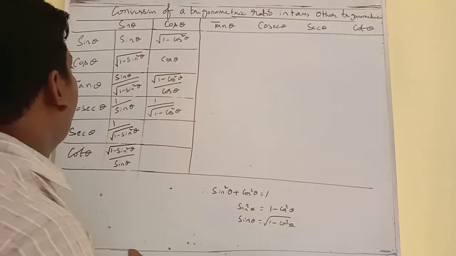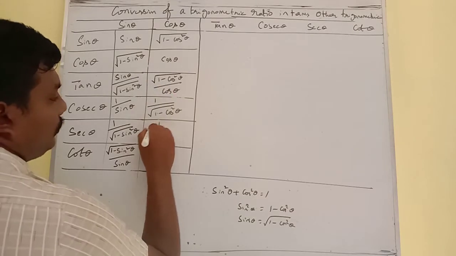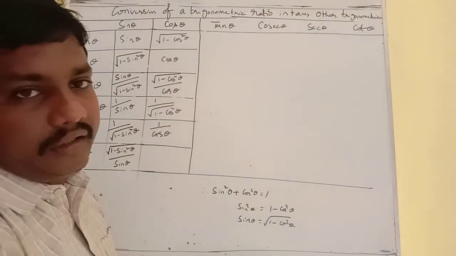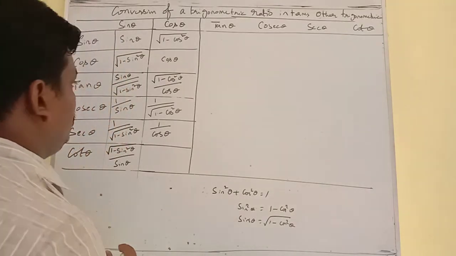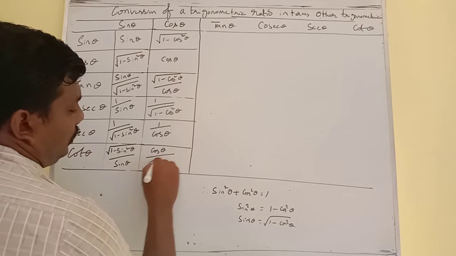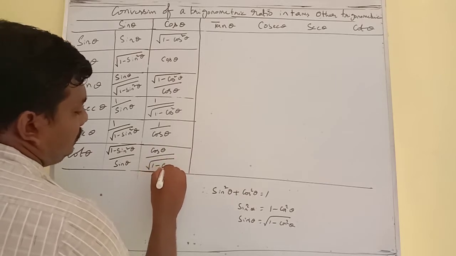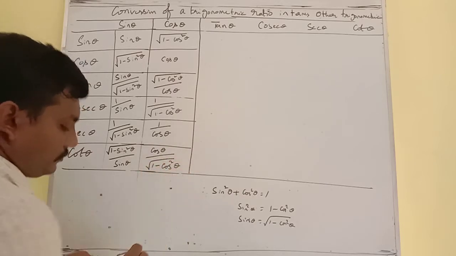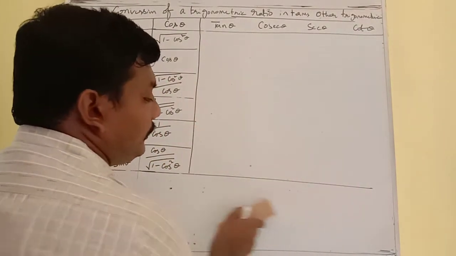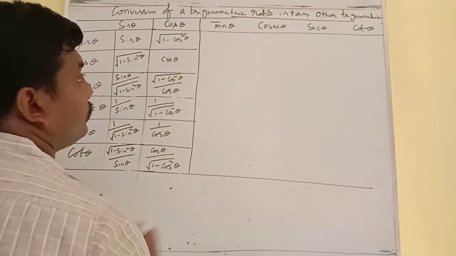Then what is secant theta? Secant is the reciprocal of cos, that is 1 by cos theta. What about cot theta? Cot theta is the reciprocal of tan, that is cos theta by root of 1 minus cos square theta. These are the trigonometric ratios in terms of cos theta.